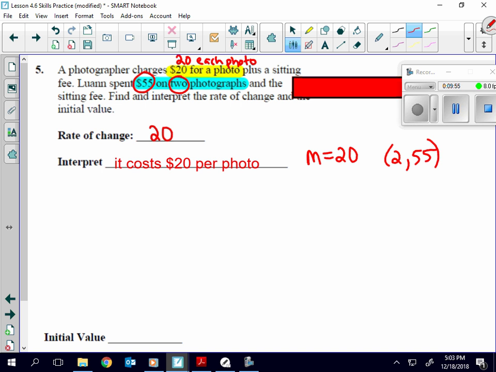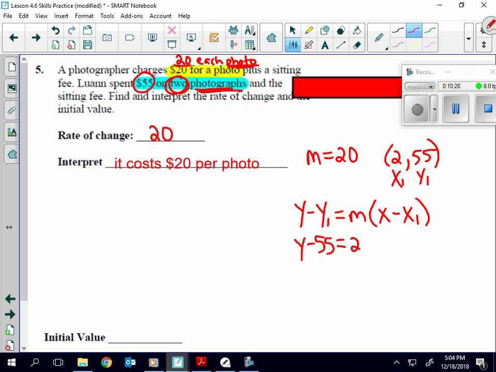I know it's written backwards, but understand 2 talks about photographs, and we know it's 20 times the number of photographs, so x is the photographs. 20x, remember slope, mx? So this is x1, y1, and of course we know our m. So y minus y1 equals m times x minus x1. Plug it in. y minus 55 equals 20 times x minus 2.